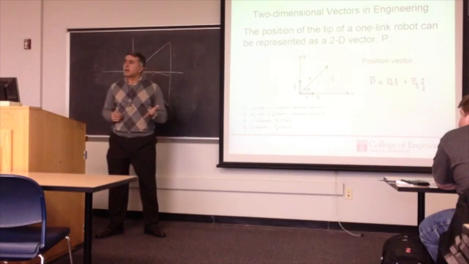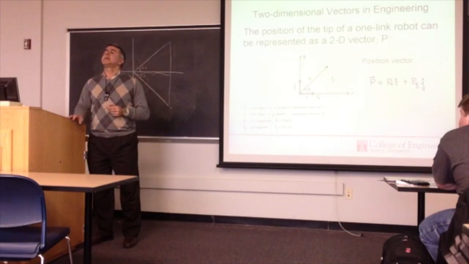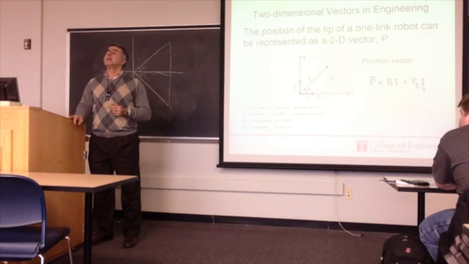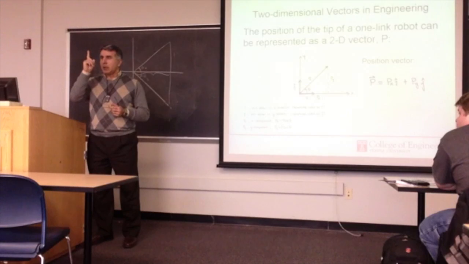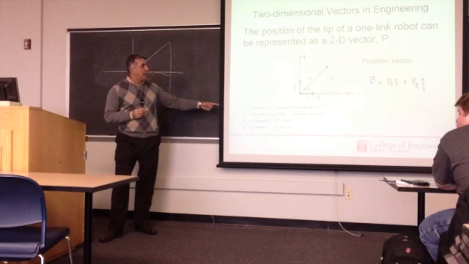What is a unit vector when I say it's a unit vector? It has a direction with a specific unit to represent. Unit means 1, right? It has a magnitude of 1, but it is in the x direction.